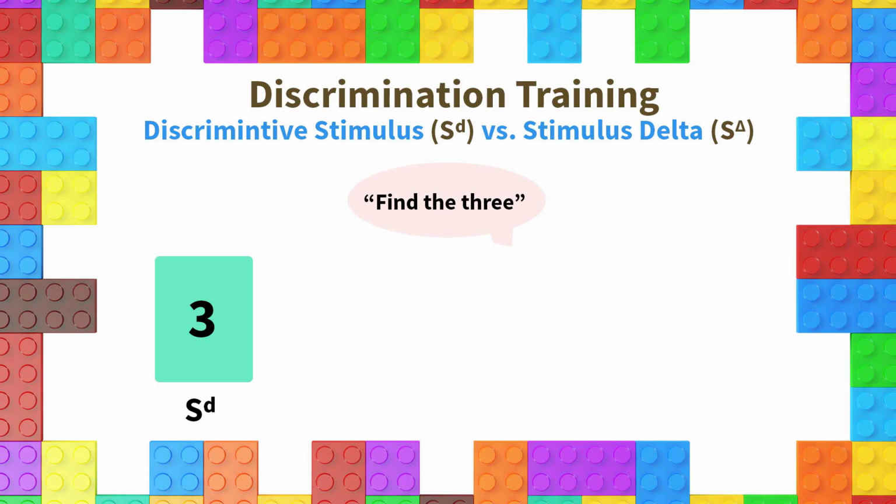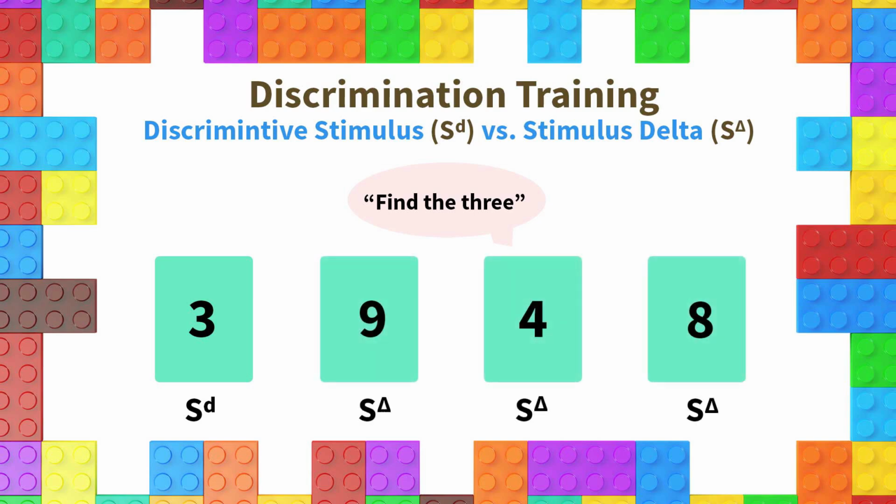Once 3 is under stimulus control, distractors such as 4, 8, or 9 will be added to teach identification among other items. Finally, the learned response is mixed in with previously mastered tasks to ensure discrimination is achieved.